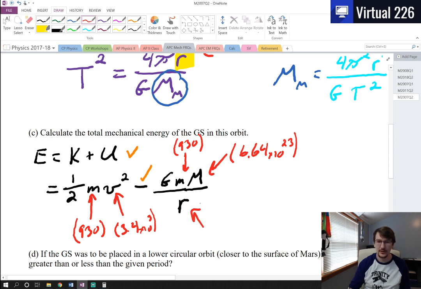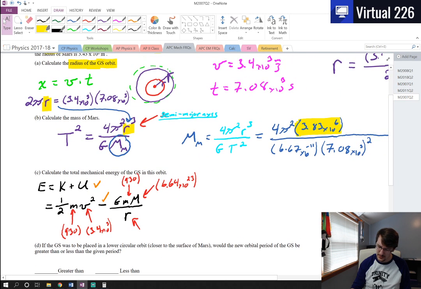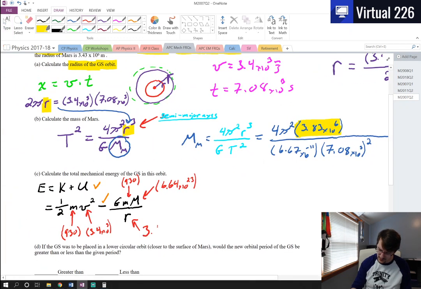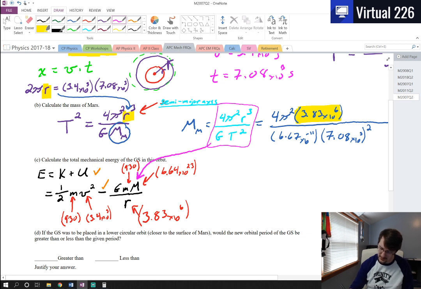And then this r value right here is the radial distance we are away from the Martian surface, which in part A we found to be 3.83 times 10 to the 6th. If you just throw in all those values and crunch this out, you'll be fine. The other thing you could do is take this entire expression and throw it in here and then try to reduce things. That seems like a pain. You already have all the numbers, so just go get an answer.